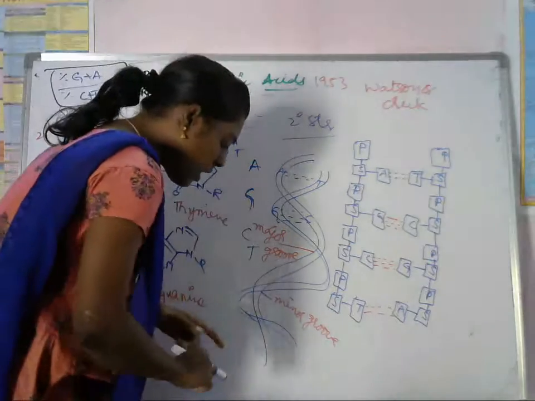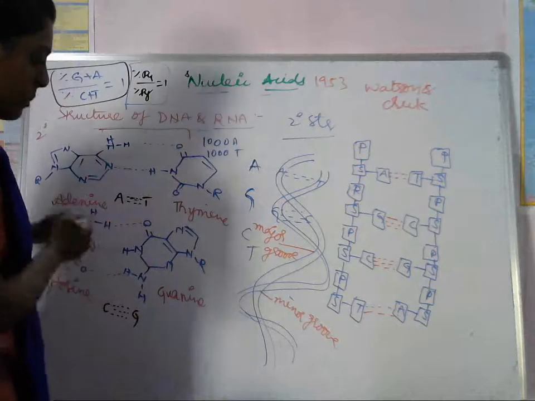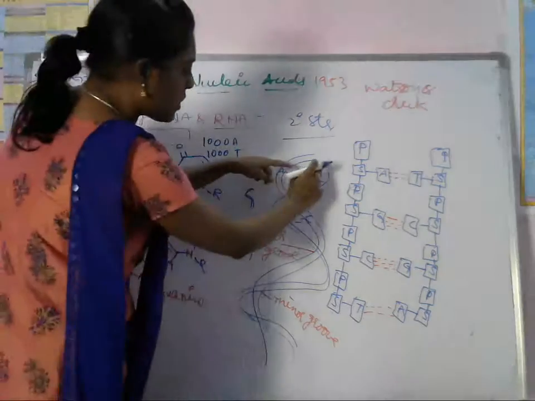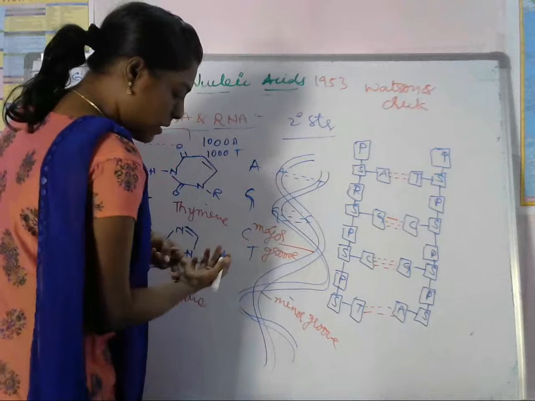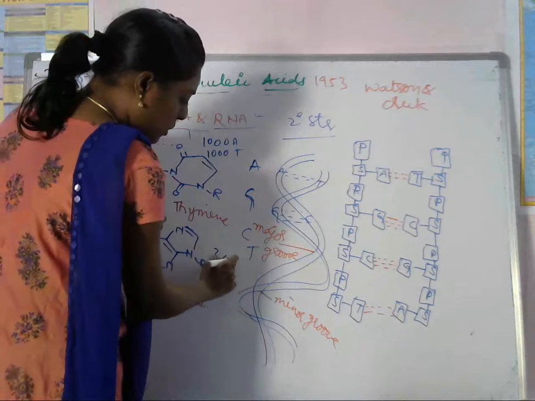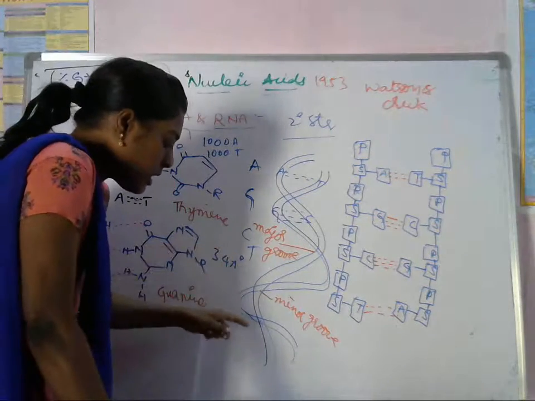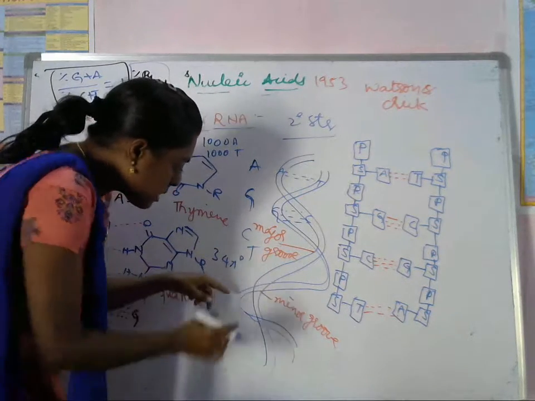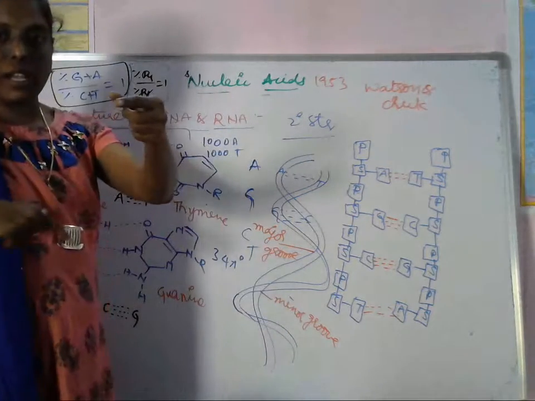Okay, here what is the bond length? Here 34 angstrom units are there for the repeat distance. If you see here, there is a repeat distance of about 34 angstrom units. The double chain is wound into a helix, means if you see these turnings, it will be like this.